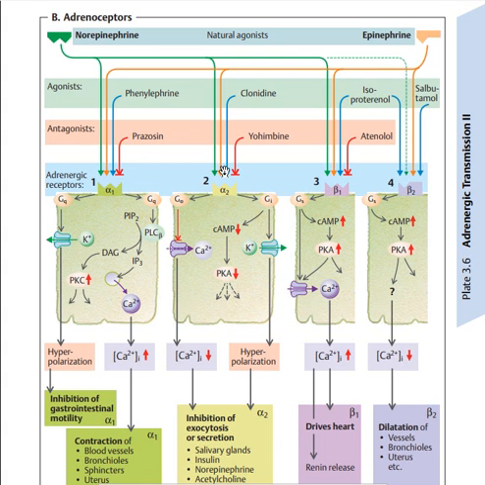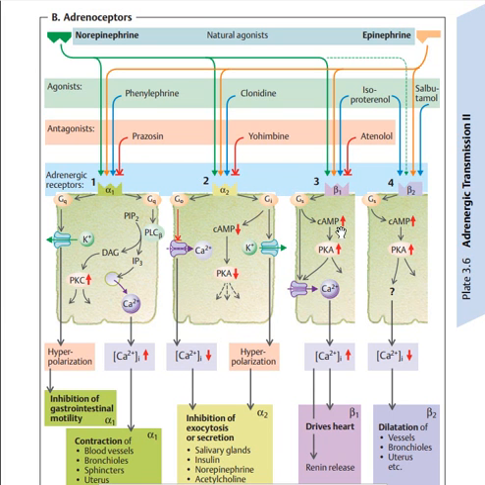Alpha 2, you have inhibitory Gi and you have Go. So this inhibitory action causes calcium ion to reduce, and you also have hyperpolarization. So alpha 2 receptors are mostly inhibitory. Then we have beta 1.